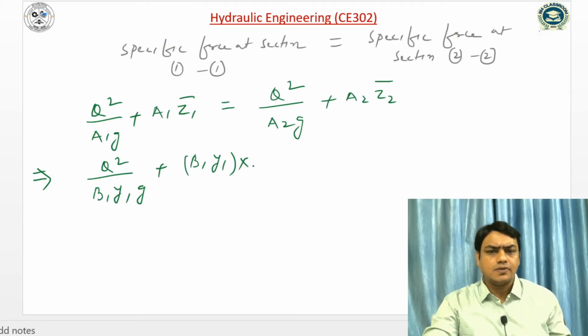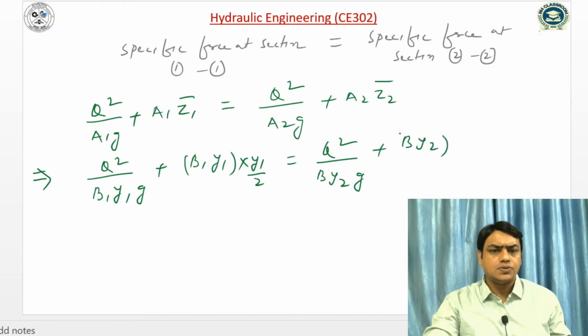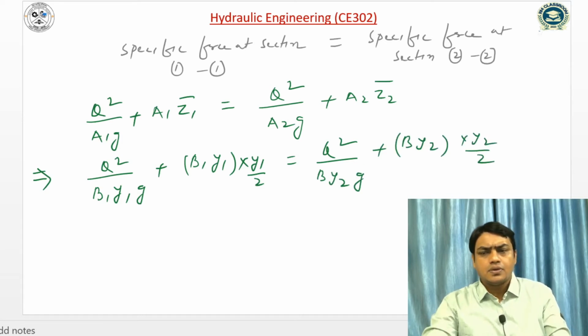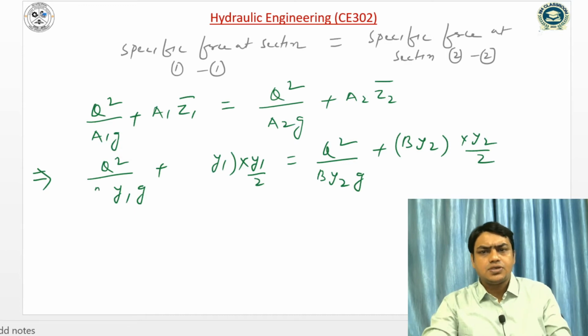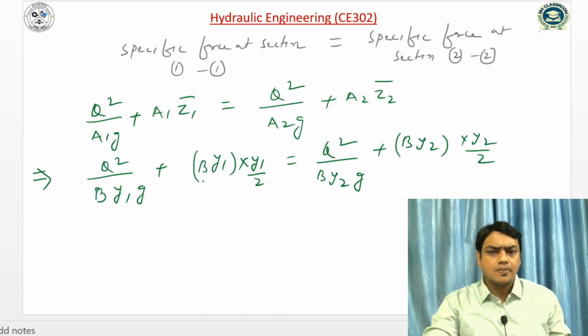So it will be y1 by 2, equal to Q square divided by b into y2 into g, plus b into y2 into y2 by 2. Because the width is constant, this value is b and this is also b.